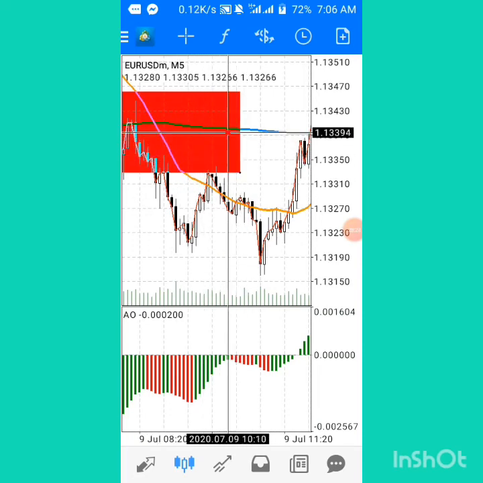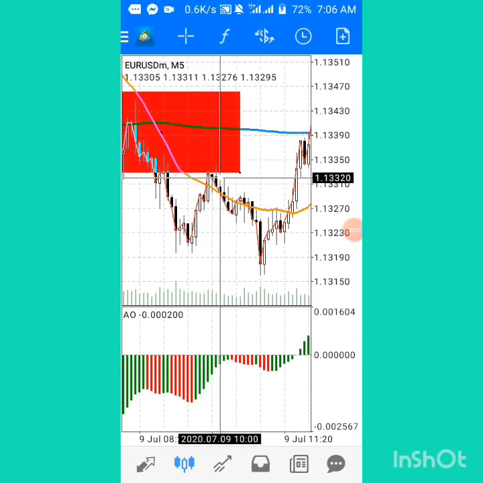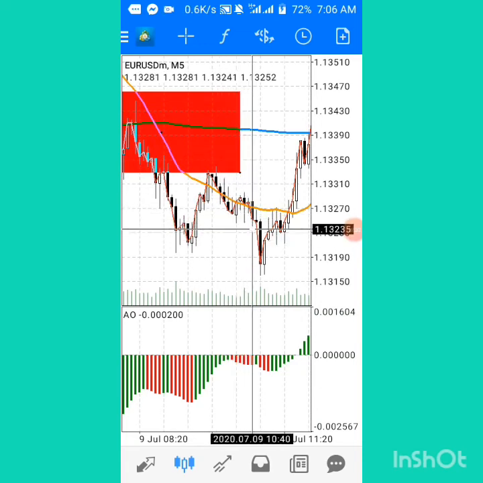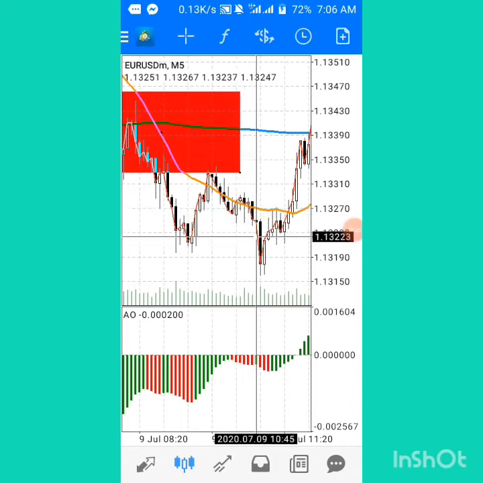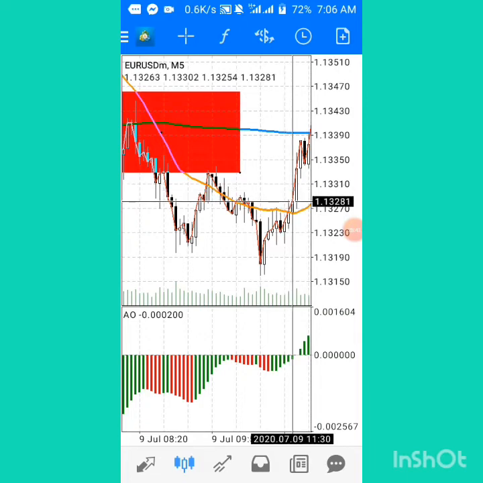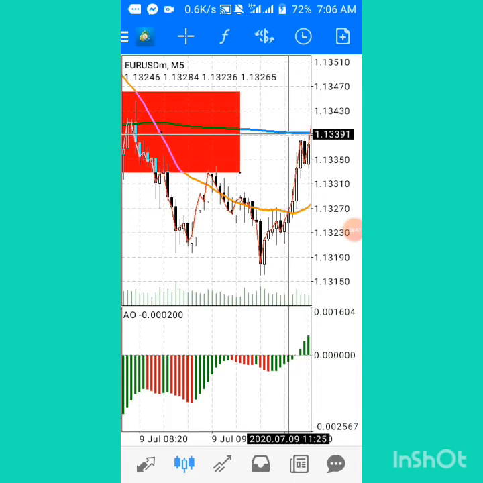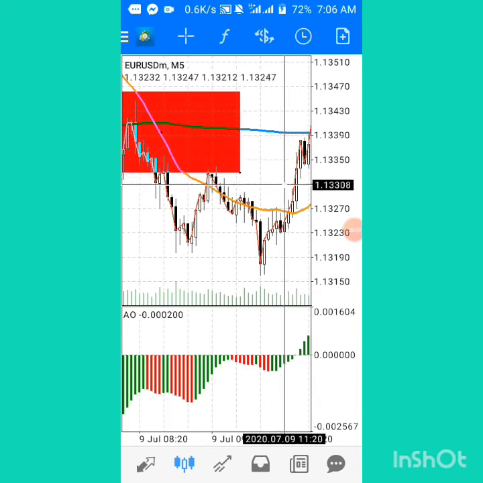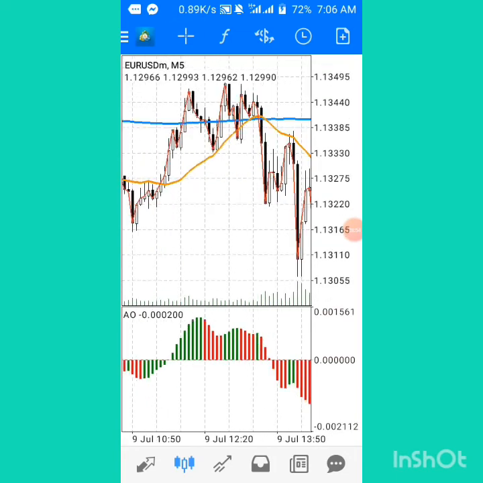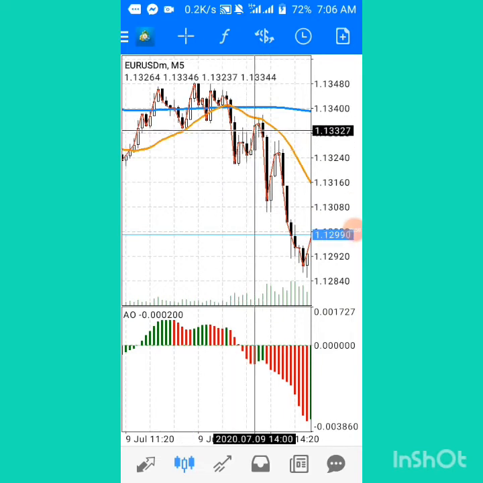So you can allow the red linear weight moving average to cross down again before you attempt to sell, and you make some quick scalp. But whenever the red line crosses up above the orange line, and the orange line is still below the blue line, which is a bearish trend, you wait. If you wait around here and you also allow it to cross down again, then you enter your sell trade. That will give you better trade opportunities.